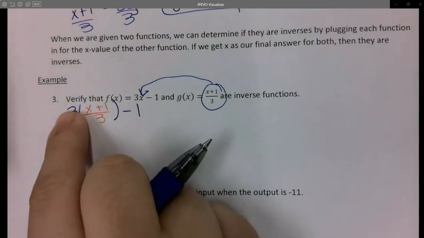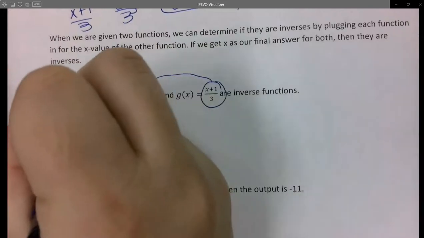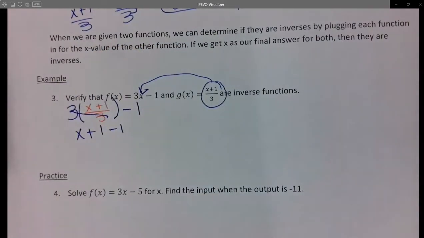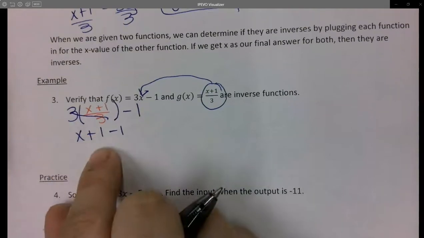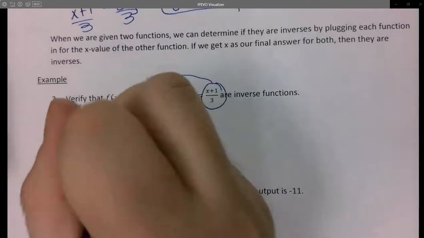Notice I have a 3 here and a 3 on the bottom of the fraction. Those will cancel out. So then I have x plus 1 minus 1. Then 1 minus 1 is just 0. So I get x. So that's good on this side.